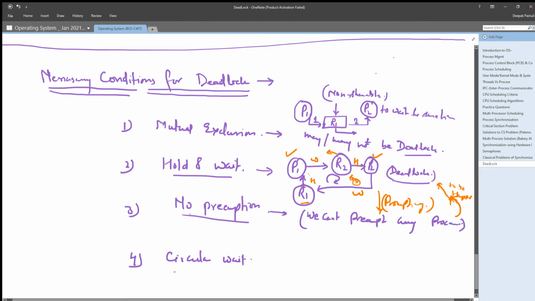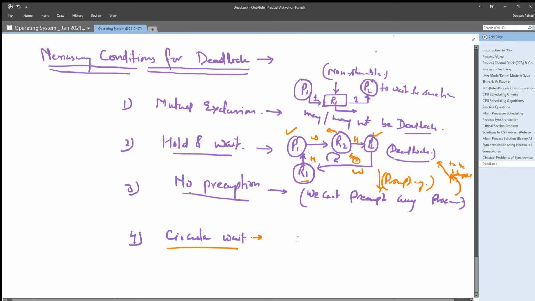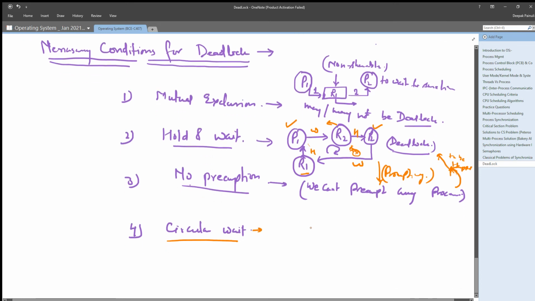Now come to the fourth condition, which is circular wait. See, circular wait is such that, let us say we have processes P1, P2, P3, P4, right?